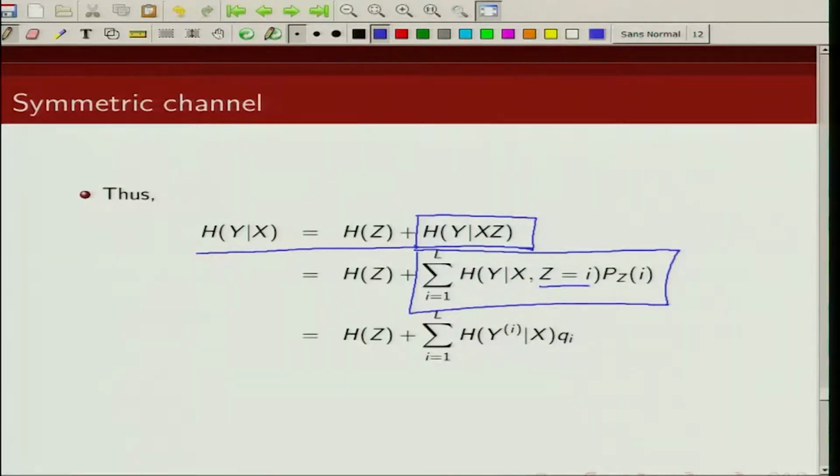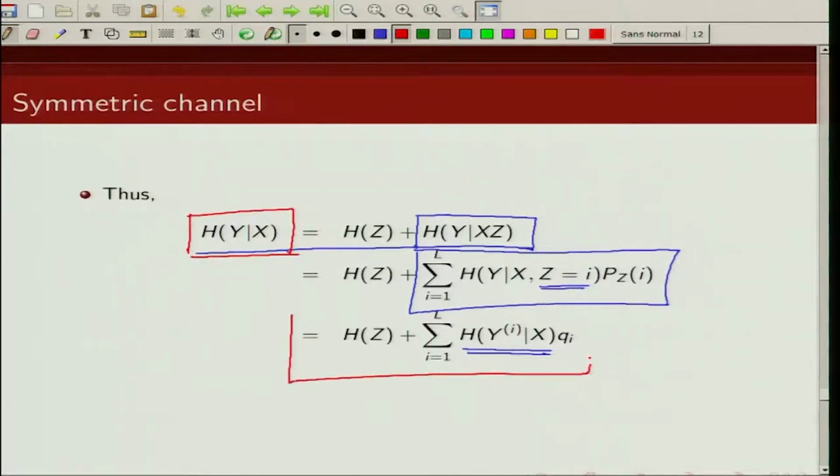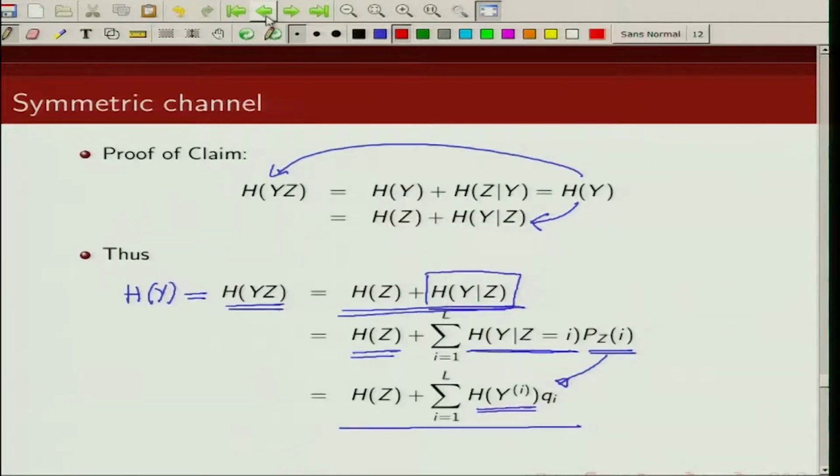Now if I tell you what z is, you know exactly what channel it is. So this can be written as uncertainty in yi given x multiplied by qi. So I have gotten an expression for this, and earlier I got the expression of h of y, which was given by this expression.